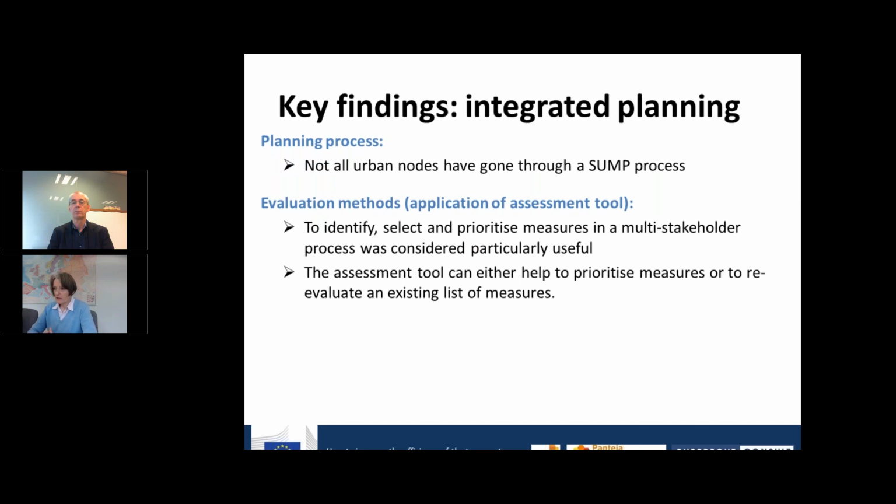What is the current state of integrated planning methodologies? Not all urban nodes, at least of those we have worked with, have gone through a SUMP process.